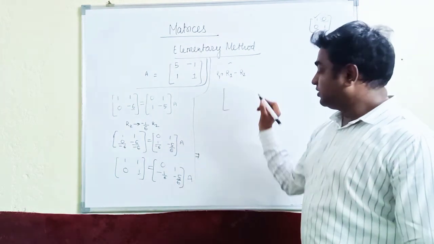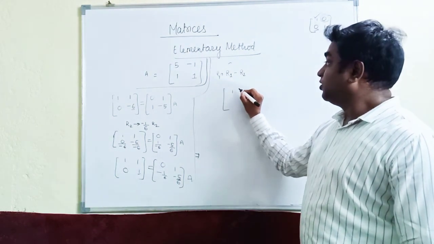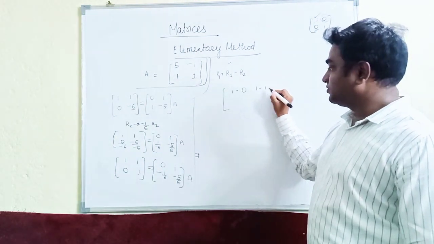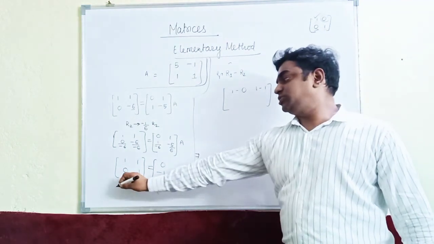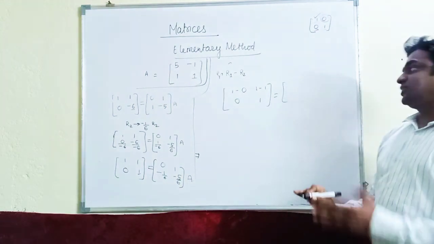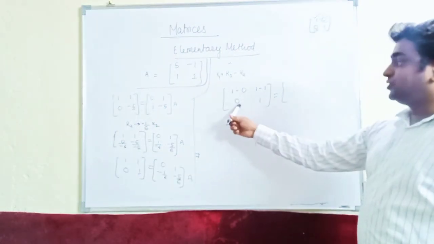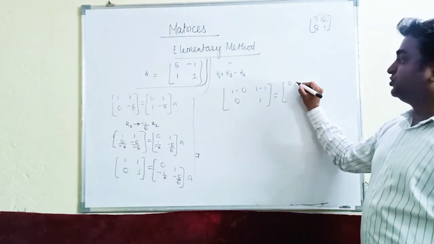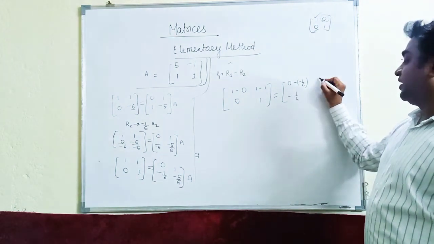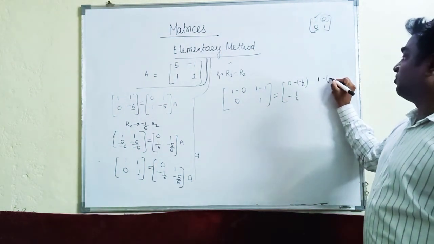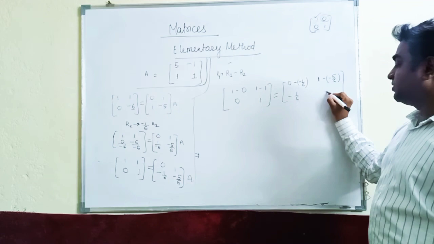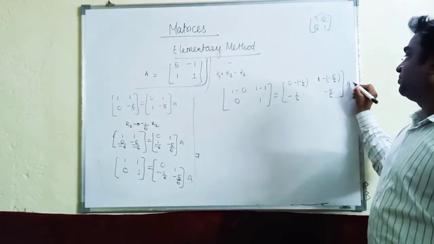So here the value becomes 1 minus R2 is 0, no problem, 1 minus 1, good, but R2 is the same, 0, 1. Here there will be operation that is already developed due to this, and here what to write, 0 minus minus 1 by 6, and this will be 1 by 6 only, and here 1 minus minus 5 by 6, and this one will be the same, minus 5 by 6 into A.